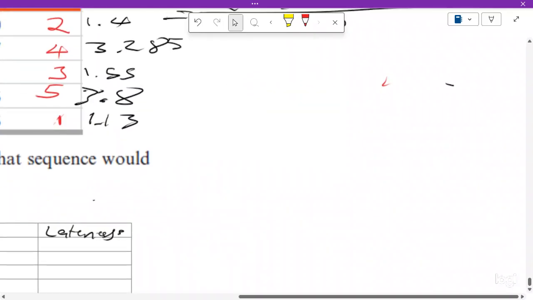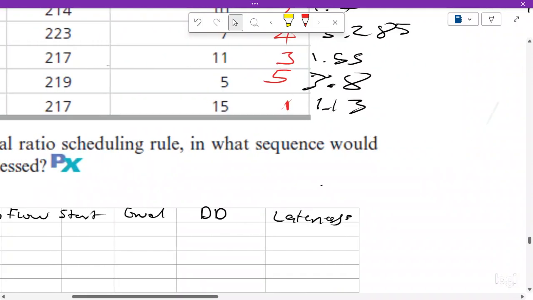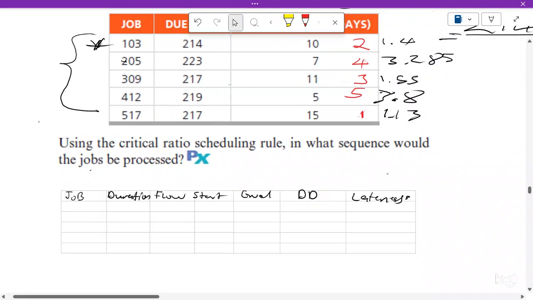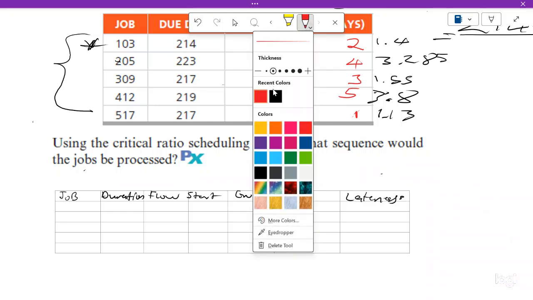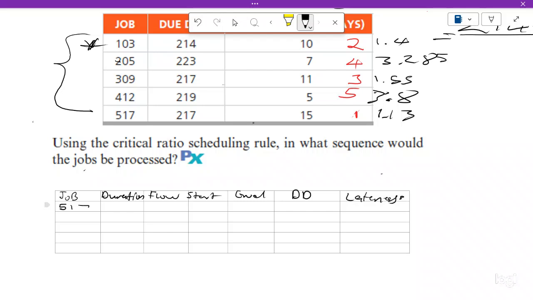We need to expand this and bring it down. Okay, let me use the black pen. 517, this is Q8, 217, Q8.